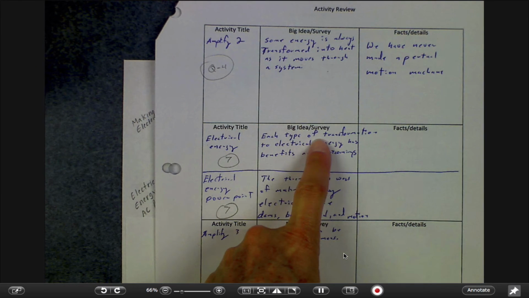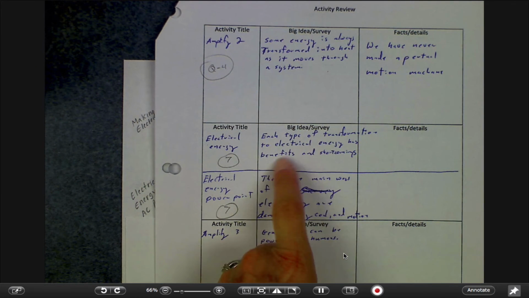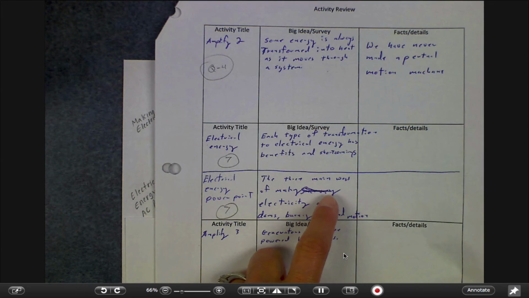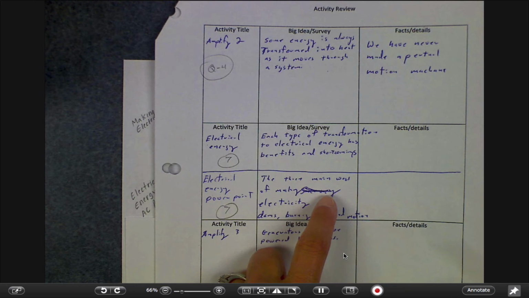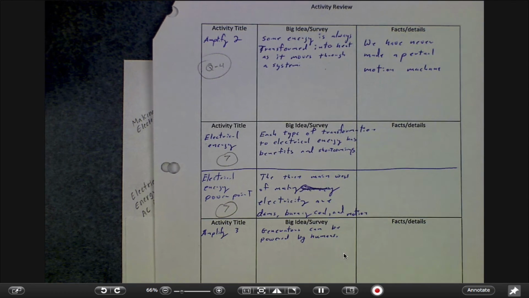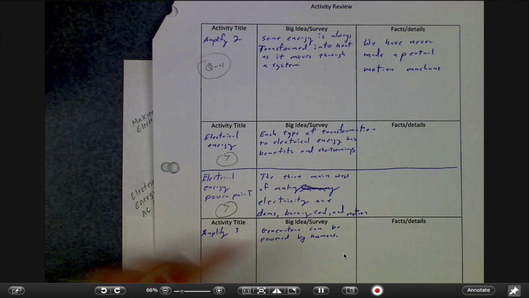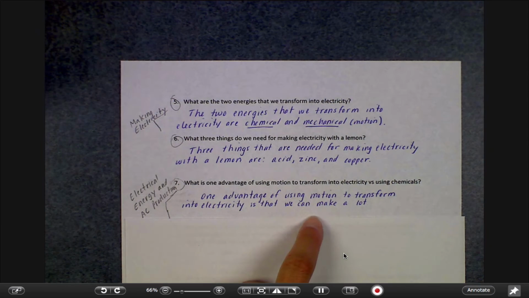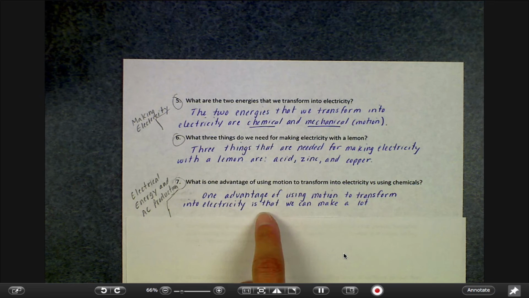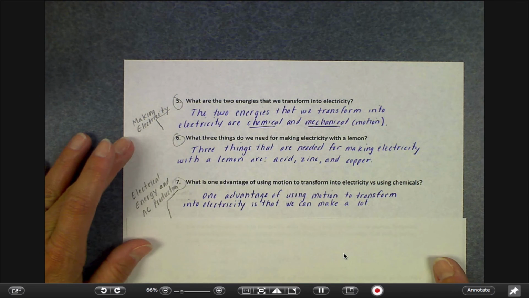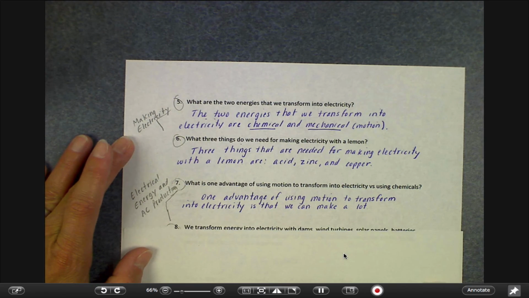Our big idea, each type of transformation to electrical energy has benefits and shortcomings, and the 3 main ways of making electricity are dams, burning coal, and motion. Sorry, couldn't read that. That's because it was my handwriting. So one advantage of using motion to transform into electricity is that we can make a lot of it. We have more motion available to make that electricity.